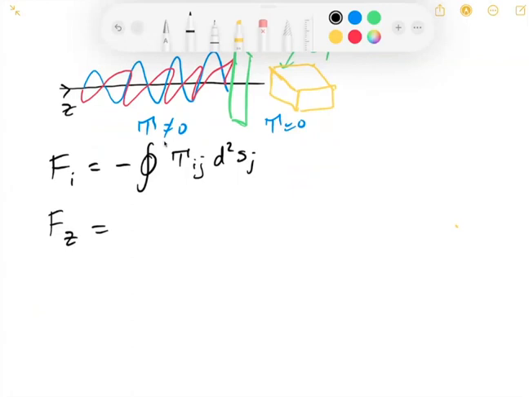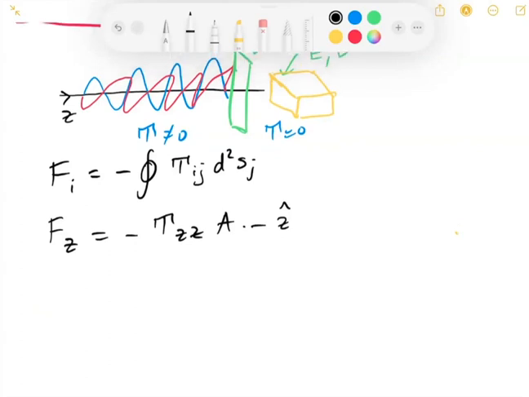So if we put this in this box, we're going to get minus Tzz times the surface area of the box times minus z. Okay, because the normal is the normal that's pointing in the direction that is opposite to the z hat direction.